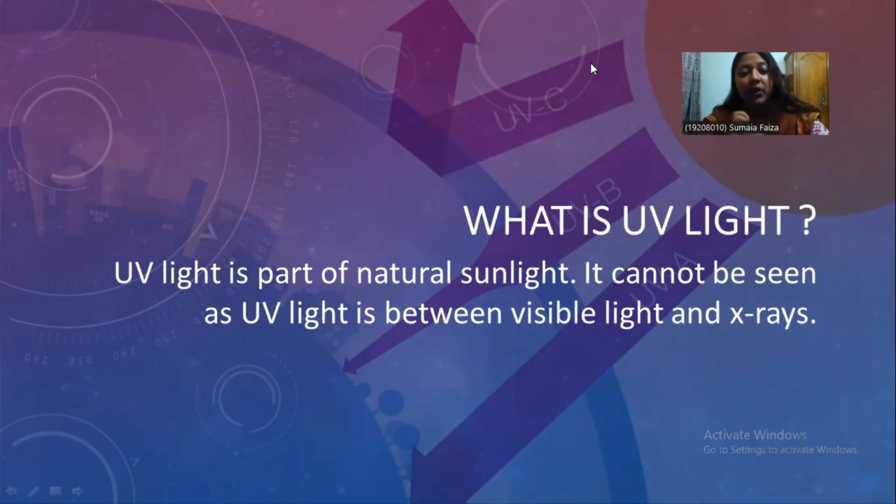The impact of UV light on bacteria is a subject of immense scientific interest and practical applications. Over the years, researchers have extensively studied the mechanism by which UV light affects bacteria and have developed numerous applications to exploit its potential.